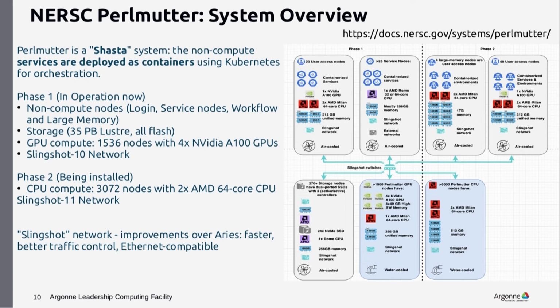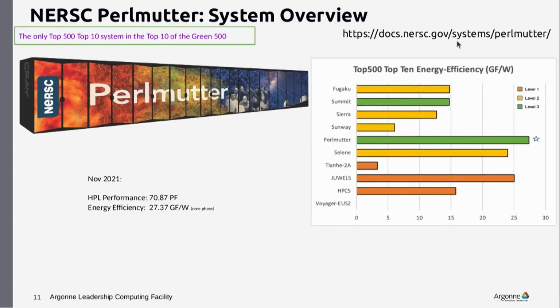It's about number 5 or 4 on the Top500 supercomputer list, from what I last saw. You could look up the details. The most important information is it has 4 A100 GPUs per node and AMD CPU cores. You can find more information from this web link. One important thing to note is it's flagged as one of the energy efficient machines.